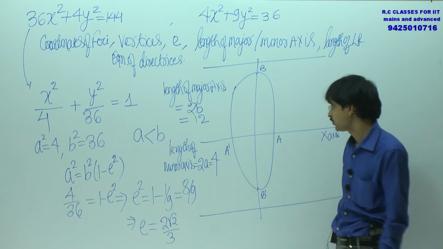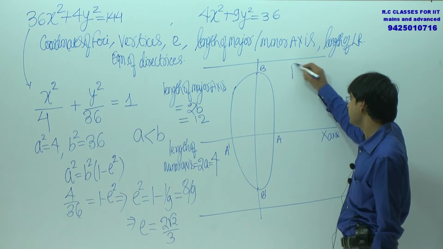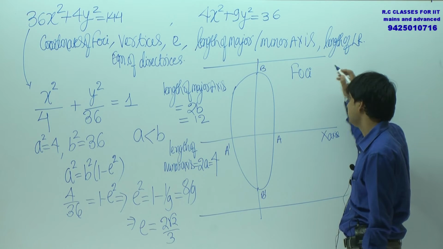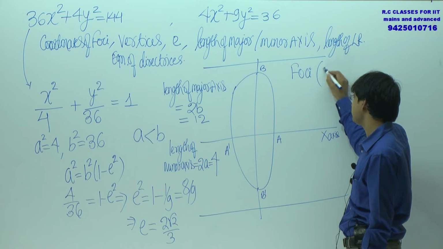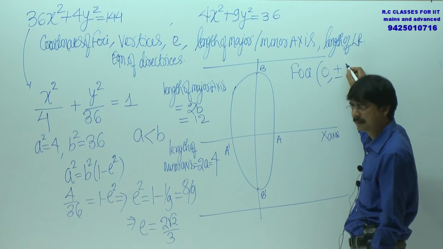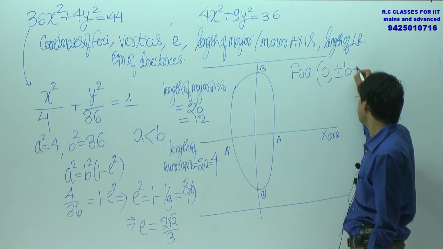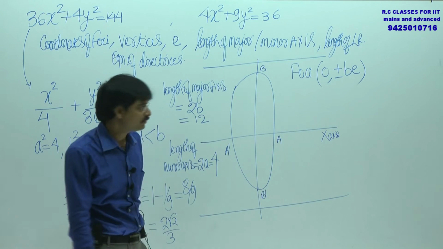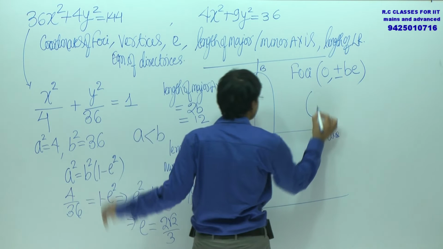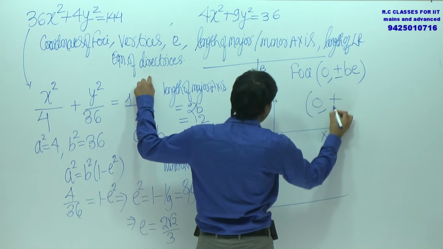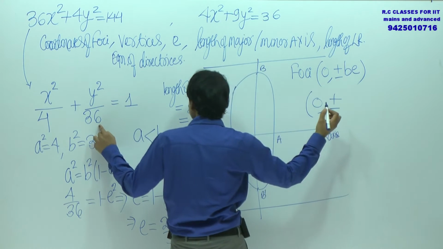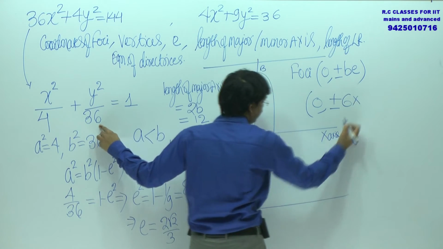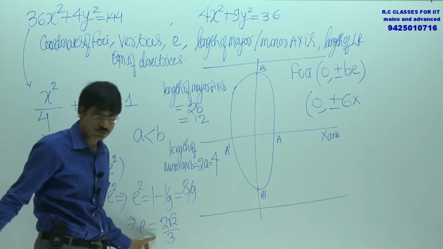ठीक. Yes, fixed points की बात कर लें. Foci of that curve. So foci, those are going to be 0, plus minus be. 0, plus minus value of b, which is 6, into value of e, which is 2 root 2 by 3.